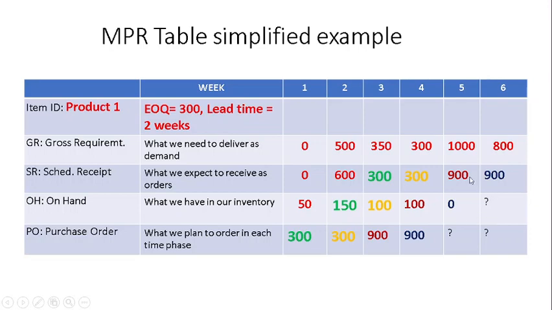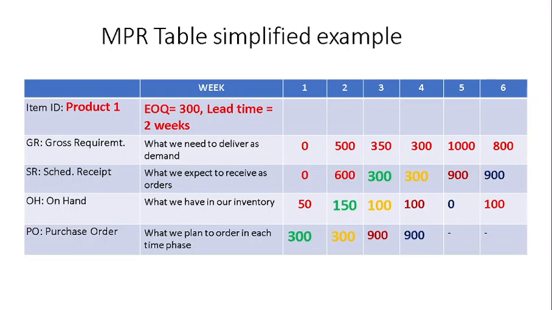This way, I can work on week number 6. I can consume that, and what's left in my inventory as soon as my production for week 6 is over is 100 items.